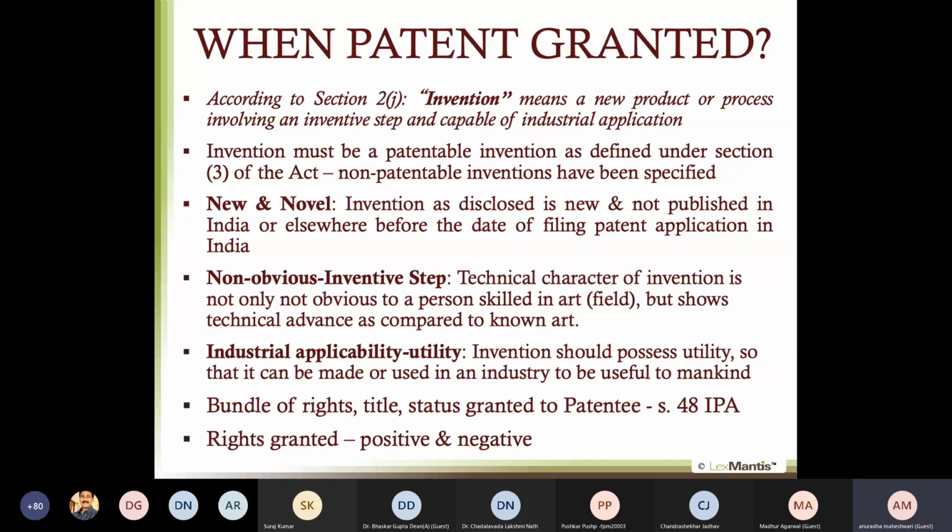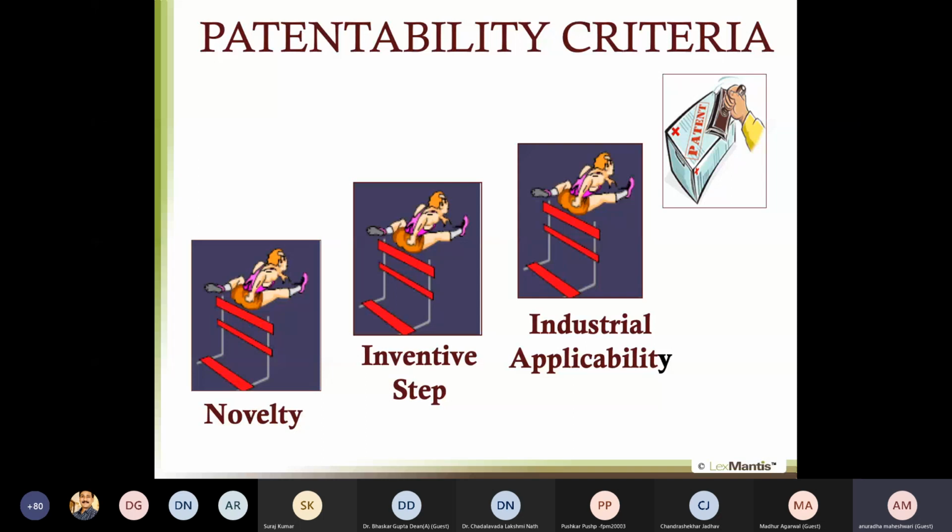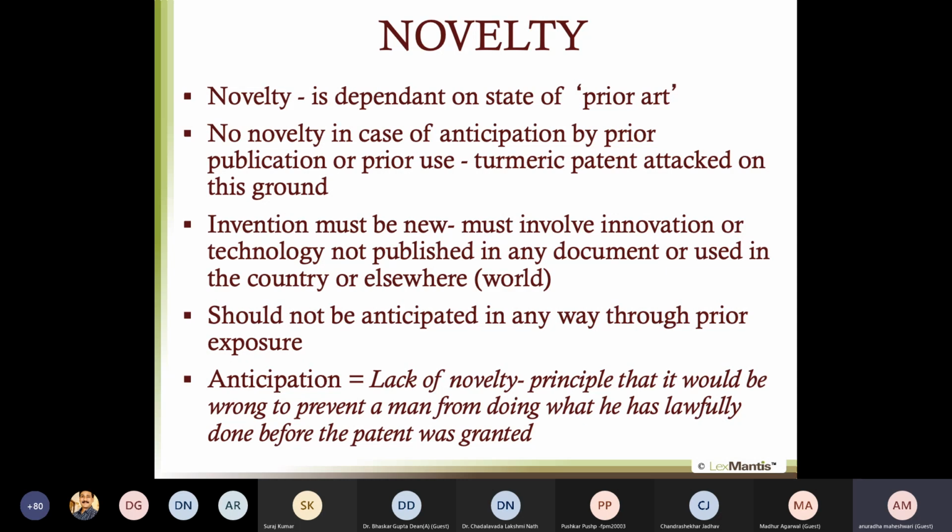And it should be able to show that it is of benefit to mankind, that it can be produced by an industrial process and it is of benefit to mankind. So these are the three steps before a patent is granted. This is not novelty or inventive step or industrial applicability. No, this is novelty and inventive step and industrial applicability before a patent is granted.